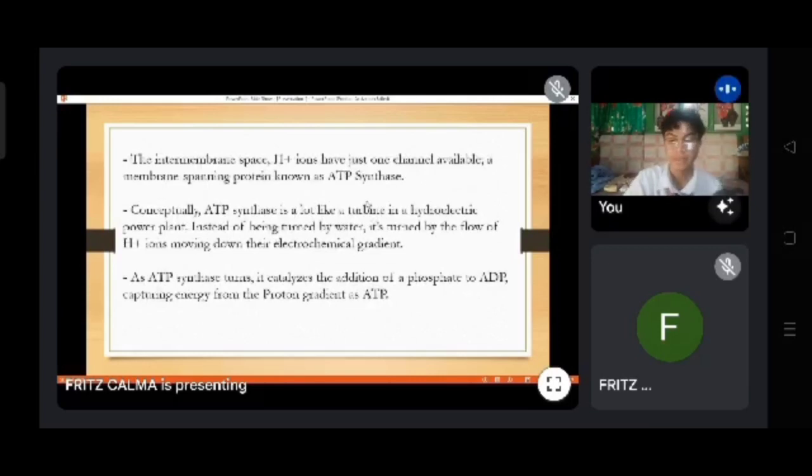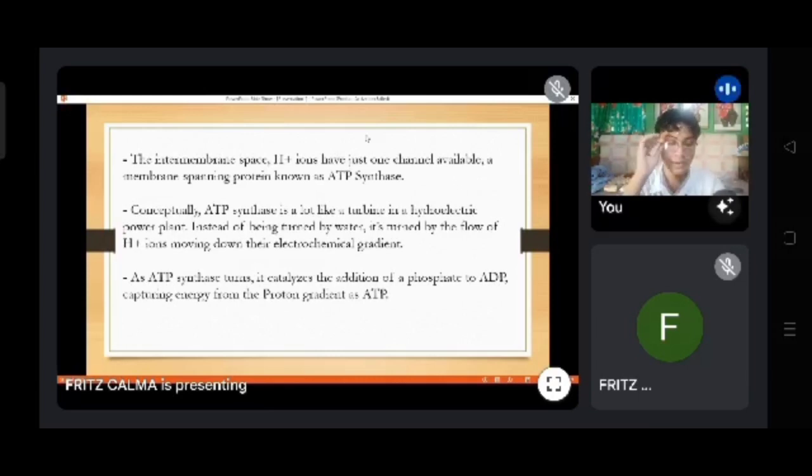Ito. So, nangyayari dito sa intermembrane space ay dumarami ang hydrogen ion sa inner membrane natin. Mayroon tayong tinatawag na ATP synthase. Just like in photosynthesis, dito na rin papasok yung hydrogen ions natin.